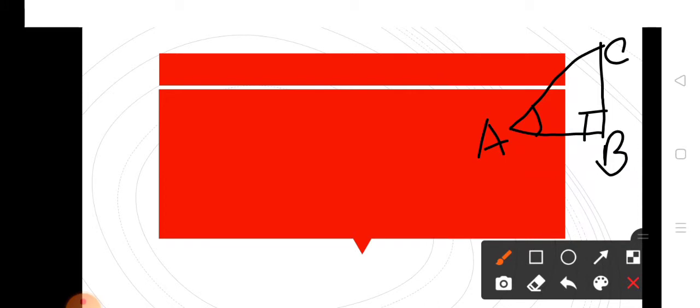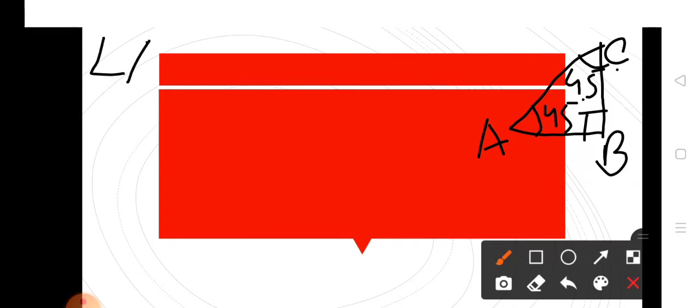If I say that angle A is 45 degree, then the other angle is also 45 degree, because in a triangle the angles add up to 180 degree. Now we know here that B is 90 degree, then these two should contribute to 90 degree. If one is 45, then the other should also be 45.